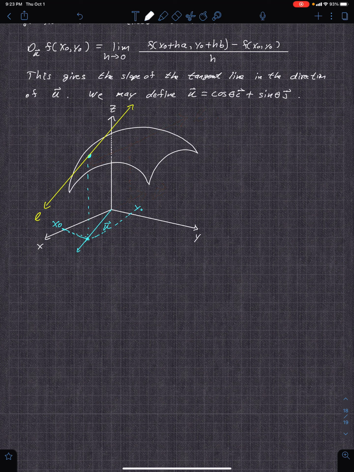Now, we're not going to need to take those limits, thankfully. There's a theorem that we will all like. Not going to get into the details.